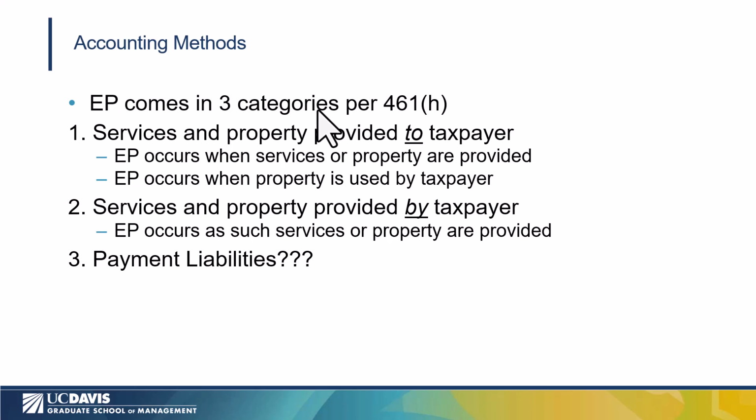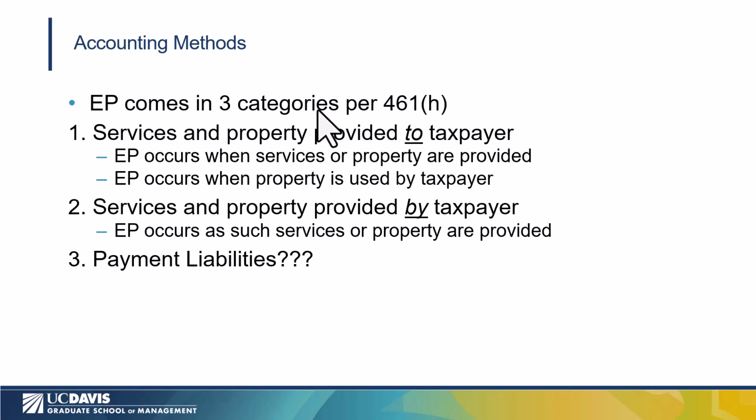If it's for the use of property, which is different than taking ownership of the property, right? So think of taking ownership as I'm taking title to the goods, whereas using the property is more like I have the right to use the property, but I don't own it. That's like a rent or a lease. So in that case, economic performance occurs when the property is used.